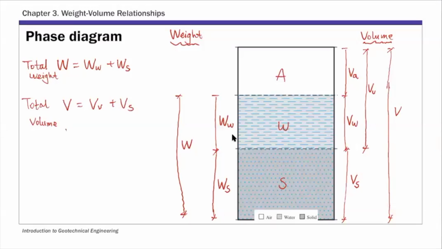And volume of voids is volume of air plus volume of water. So that's the phase diagram. You have this weight side and volume side, and you mark the weights and volumes of the different phases on this phase diagram. So that's the phase diagram.